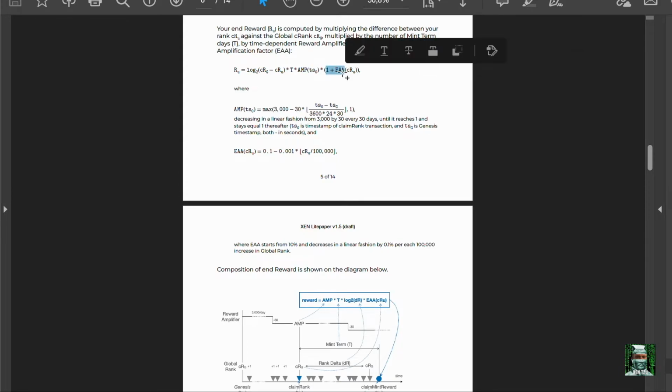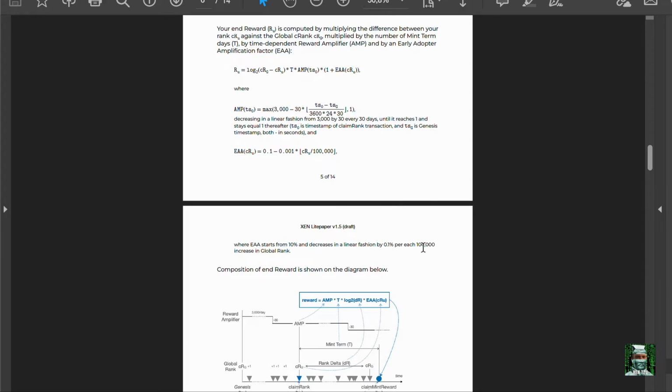Okay, so as we can see here in this formula, it's going to decrease. It's going to start from 10% and then decrease by 0.1% per each 100,000 increase in global rank. Okay, so put it another way, for each 100,000 addresses that interact with the protocol, this early adopter amplification factor is going to be reduced by 0.1%.